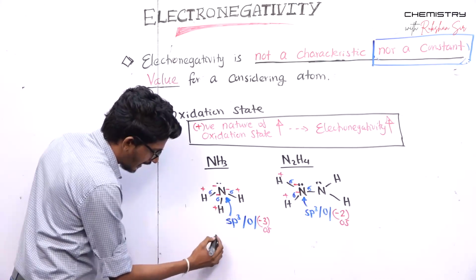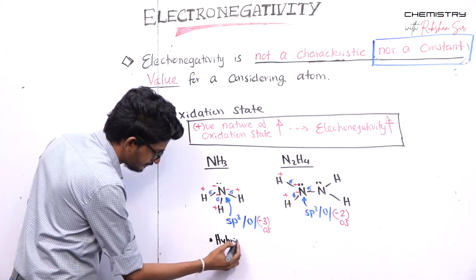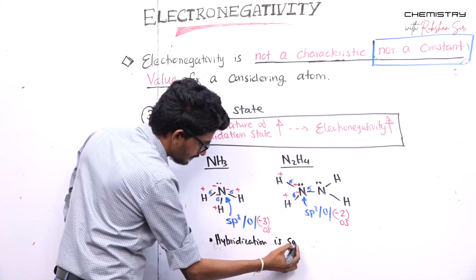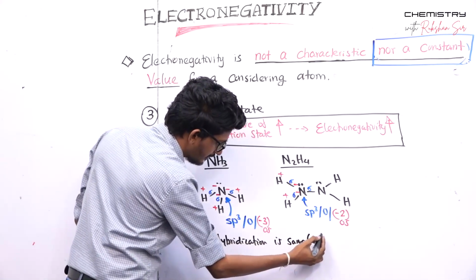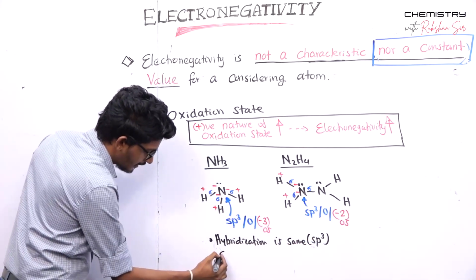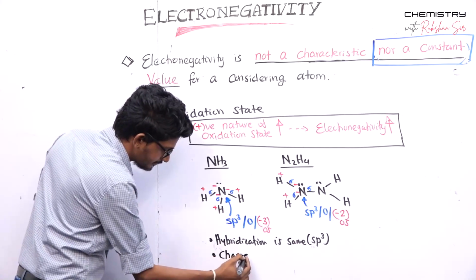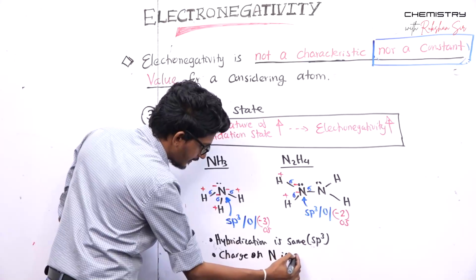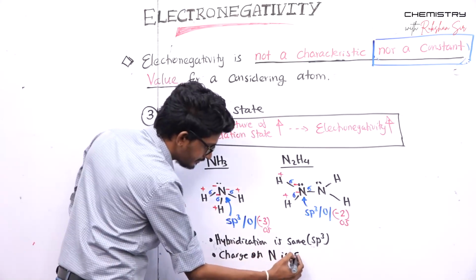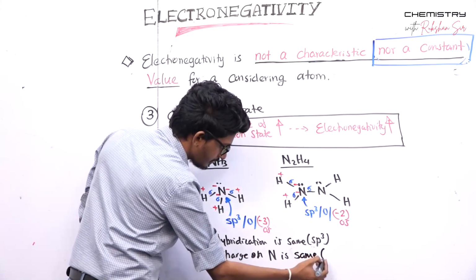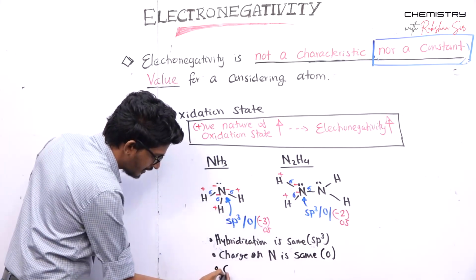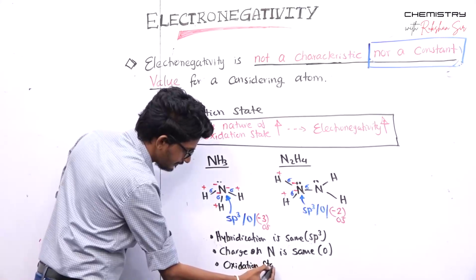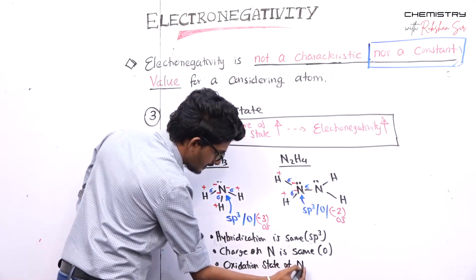We can say the hybridization is the same, sp3. Then the charge on nitrogen is the same, 0. Then comes the oxidation state of nitrogen.